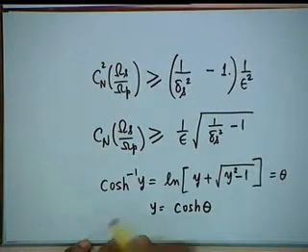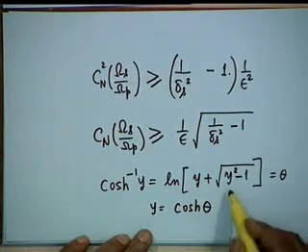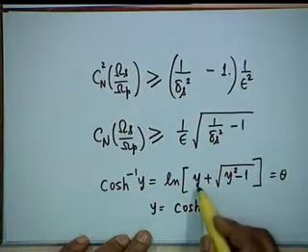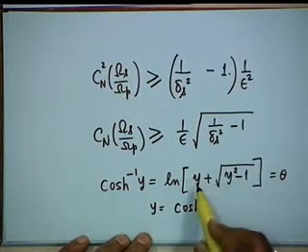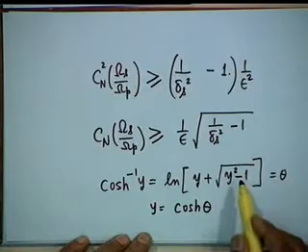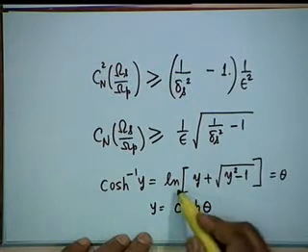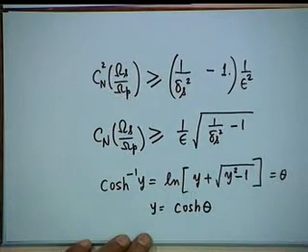Agreed? If you denote cos inverse y as equal to theta, then y is cos theta, and cos squared theta minus 1 is sin squared theta, and therefore, this will be cos and this will be sin. Cos and sin added together gives e to the power theta, and log of e to the power theta is theta. So, it is a very simple proof.